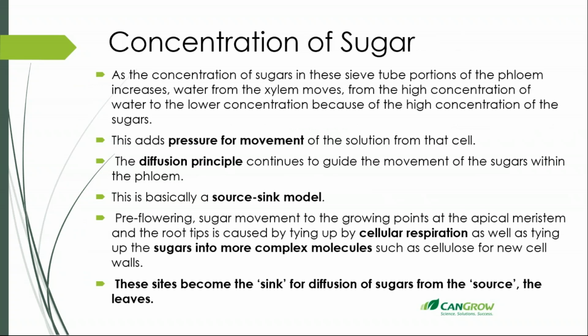Now, not only is the transportation, but the concentration of sugars also has an impact on it. So what happens is, as the water from the xylem, those are the pipes, the tubes that move up from the roots that carry water, as there's a higher concentration, it creates pressure. And so we have pressure involved in movement.